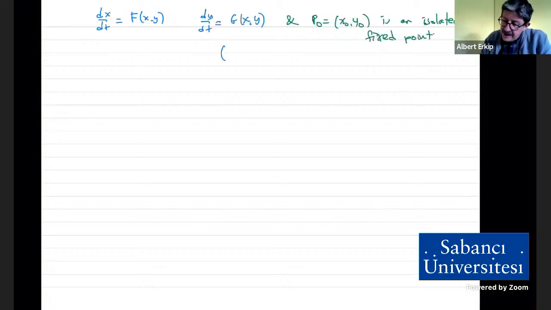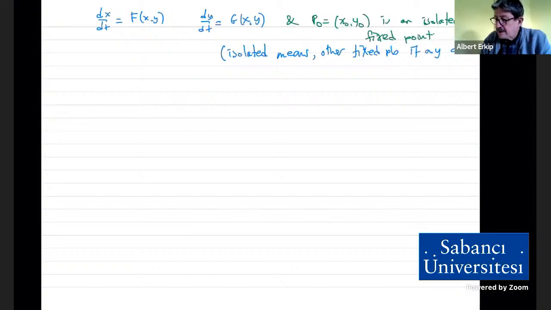Here isolated means other fixed points, if any, are separated.